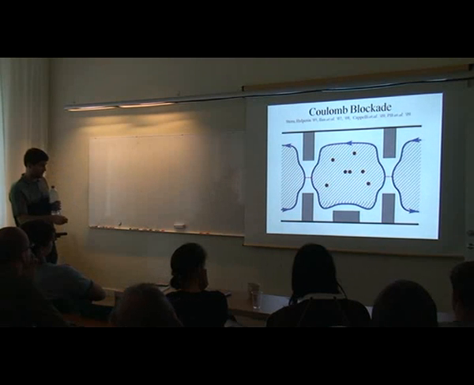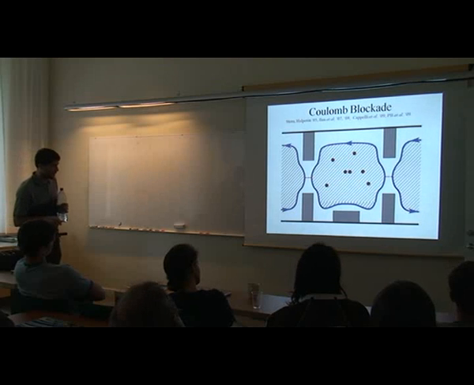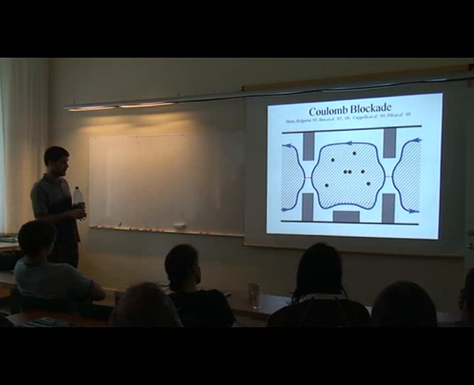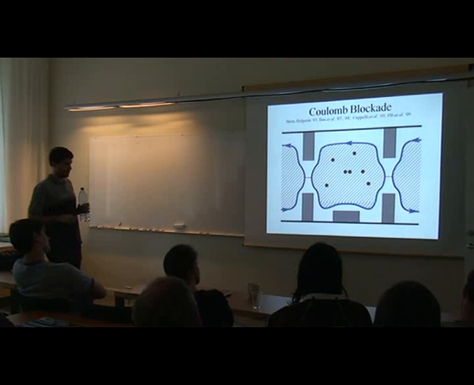If you have pinched this off sufficiently, you're basically going to stop the edge current that's running along here from going through to the other side of the Hall bar, except that you're going to have some tunneling between this edge on the left and the puddle, and also between this edge here and the rest of the Hall bar on the right.